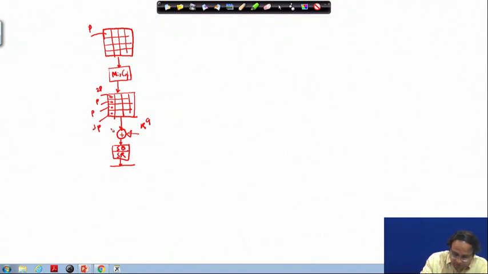Because of the shift rows these particular bytes get spread out. How do they get spread out? We know that the shift rows does a left shift. For example, in the first row there is no shift, okay. In the second row this gets shifted like this, then it gets shifted here, and then this gets shifted here.